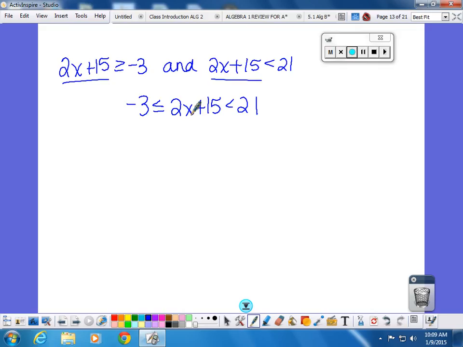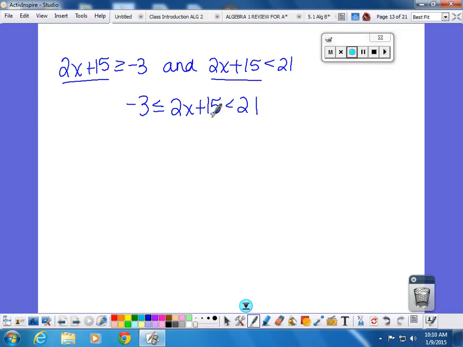All right, now we look at this problem as having 3 sides. Here they are. 1, 2, 3. My objective is still to solve for what? X. I get X by itself. All right, so what is in the way of X being by itself, an added 15 and a multiplied 2?